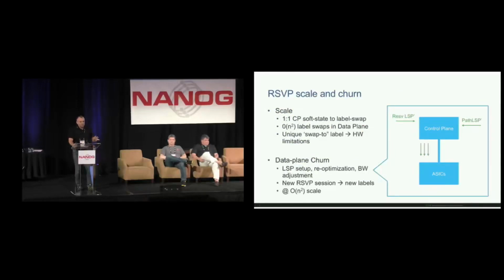When we look at RSVP, which is mature and deployed, we can see that there is a one-to-one control plane state to label swap, so also data plane state. Every swap label is unique. It's a one-to-one relationship. This has impact on the data plane churn, right?